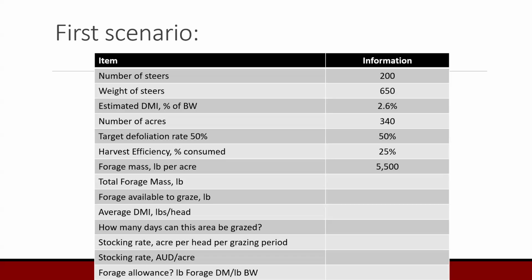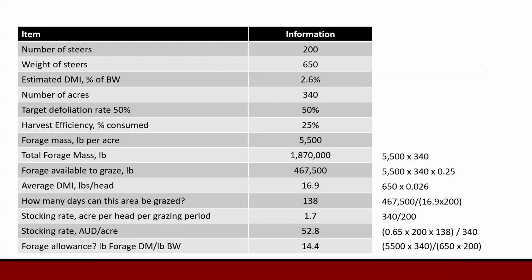So pounds of above ground forage mass divided by total pounds of animal body weight. Sounds reasonable. That just shows you the math off to the side there. I think we got all that. That all looks right to me.